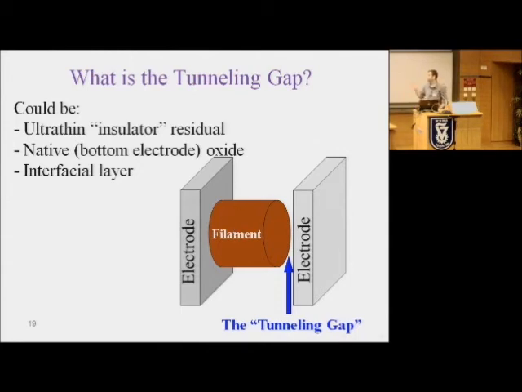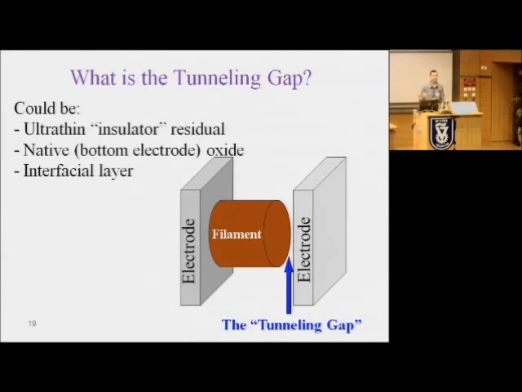The first option is that this is some kind of residual of the bulk insulator, like the hafnium oxide. But then again, it's difficult to explain what is the difference between the hafnium oxide here and the hafnium oxide at the bulk. Other options are this is some kind of native oxide. In our case, the base electrode is a semiconductor, indium gallium arsenide.